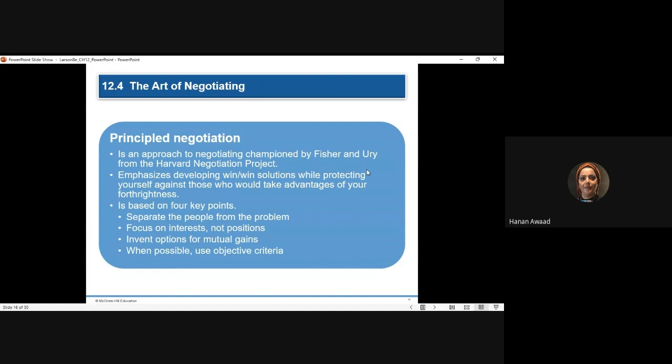I like what it said, when possible, because remember when we're doing this evaluation, for example, we had so many criteria that are subjective. So we try to have sub-criteria to help me objectify this element.